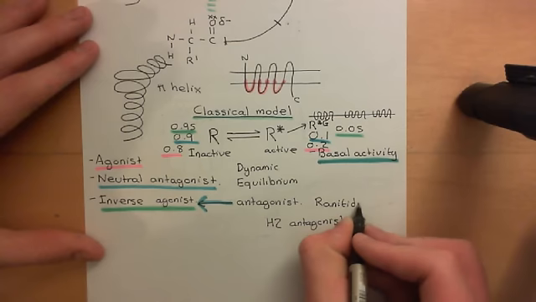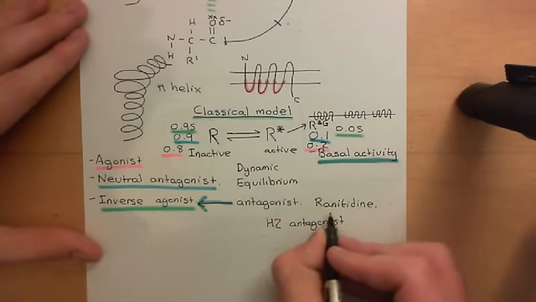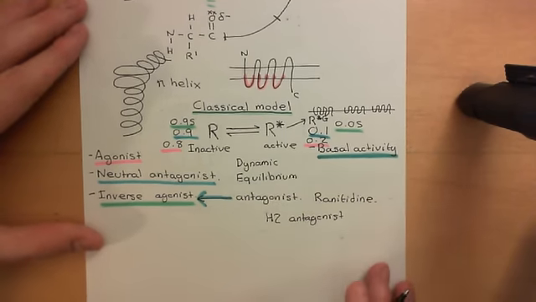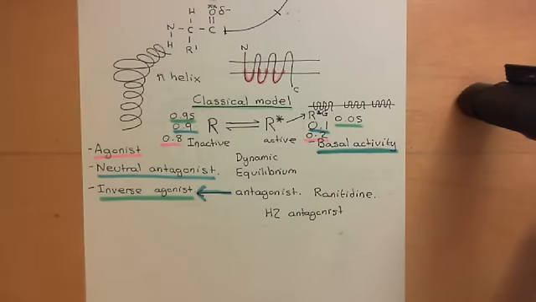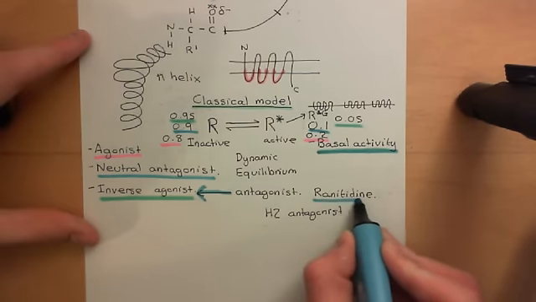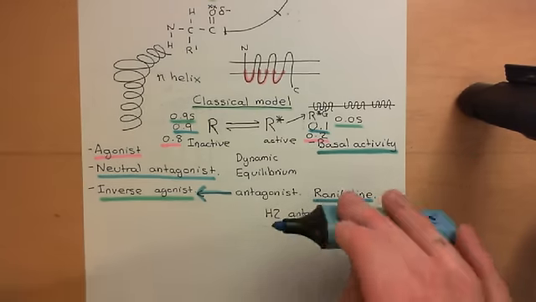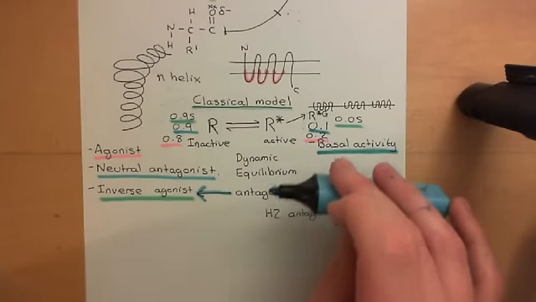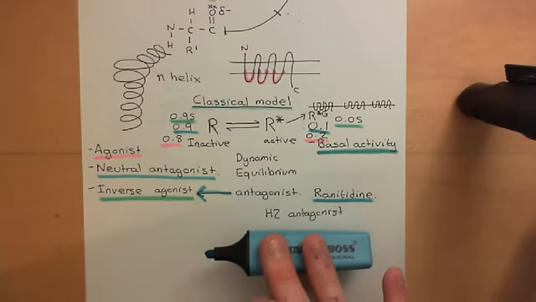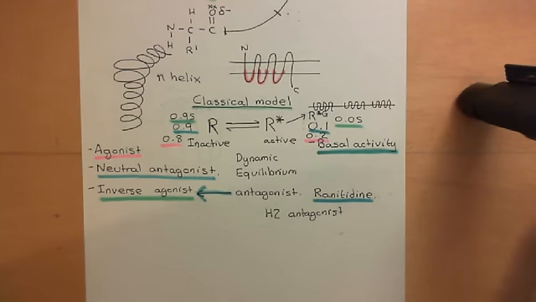Okay, so an H2 antagonist, we would call ranitidine an H2 antagonist, but in actual fact, many of them turn out to be inverse agonists, and they remove the basal activity of the H2 receptor, and this can lead to the side effects of this drug and why it becomes very difficult to then come off the drug, why you develop tolerance to the drug. Because if you suddenly come off the drug, well, I've missed a step out here. If you give this drug, it reduces the basal activity of the H2 receptor. So what the cell does is it increases its expression of the H2 receptor.